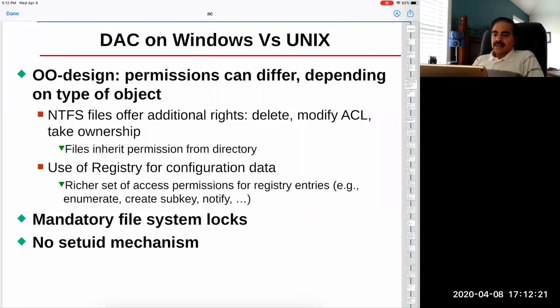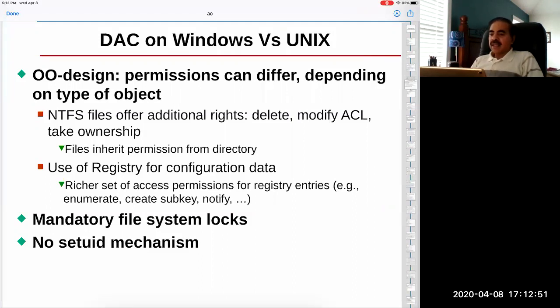The DAC mechanism on Windows is not that much different. It's a little bit more general, but for the most part, you have the read, write permissions in there. You don't have this real user. There are some differences. For instance, there is no notion of setuid executables in Windows.